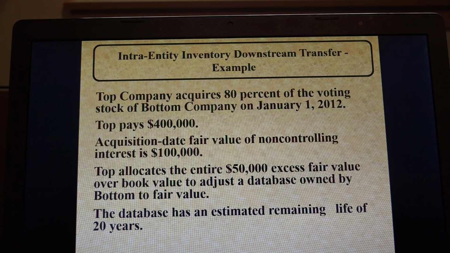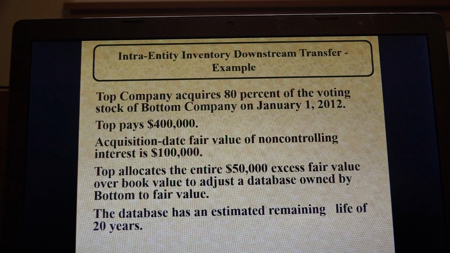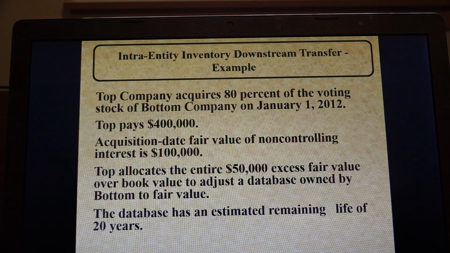Top pays $400,000. Acquisition date fair value of the non-controlling interest is $100,000, so $500,000 total of both the controlling interest and the non-controlling interest. Top allocates the entire $50,000 excess of fair value over book value to a database owned by bottom to adjust it to fair value.